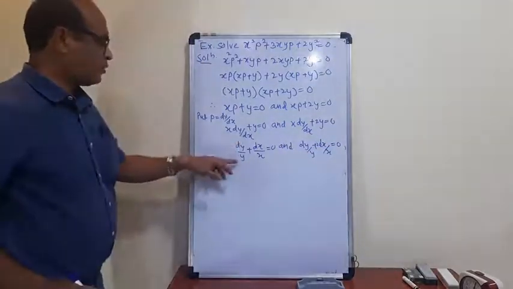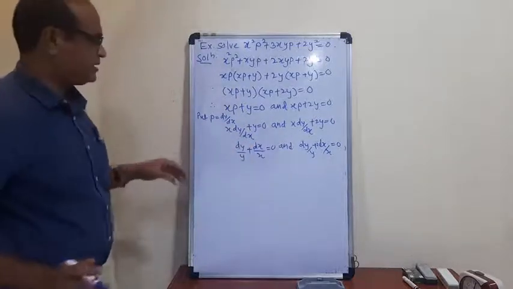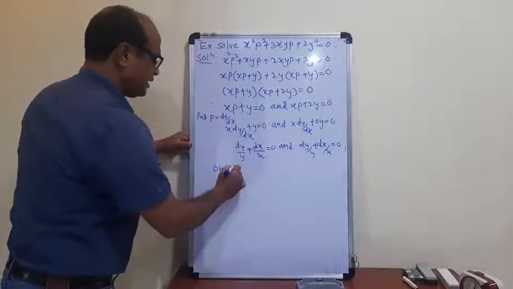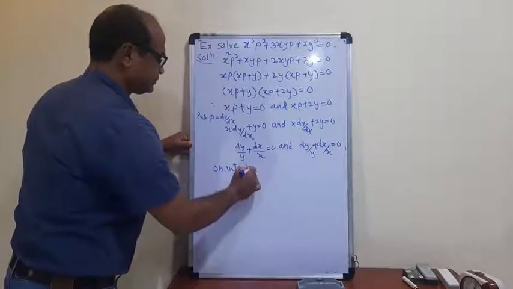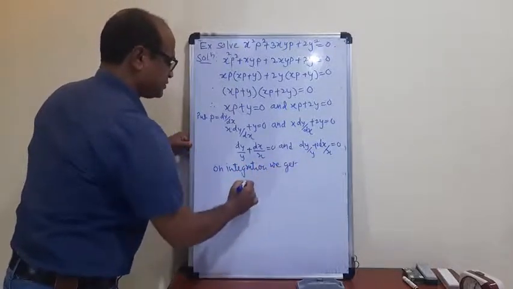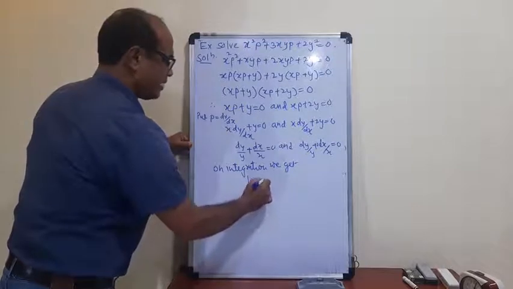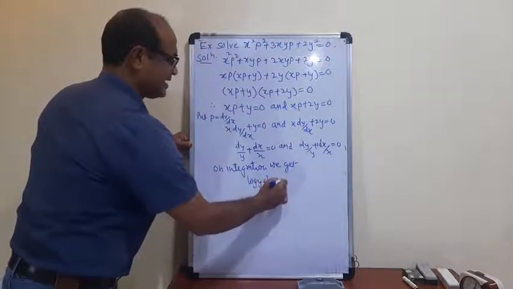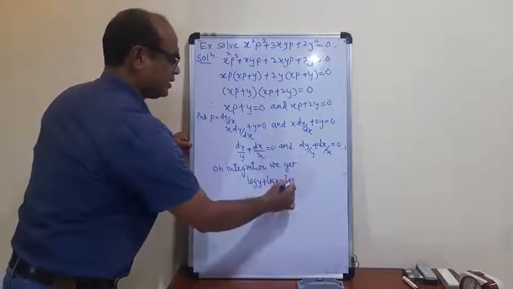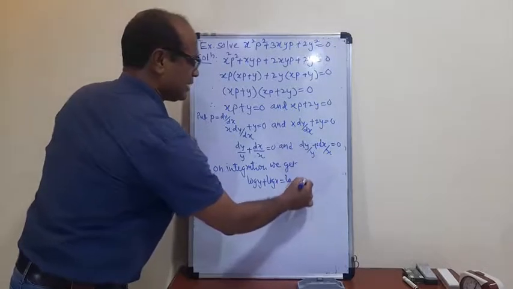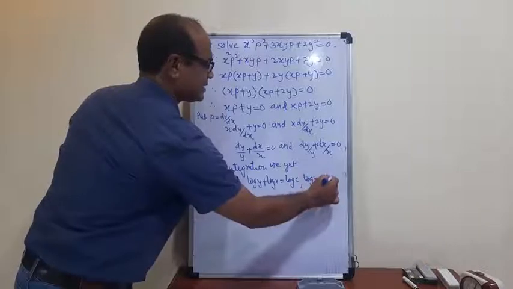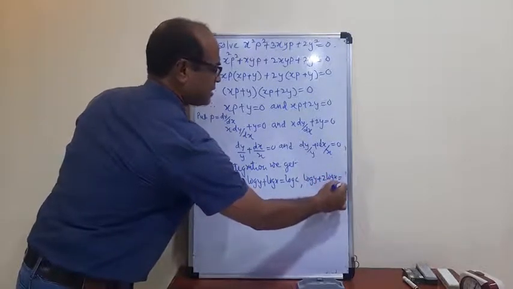The coefficient of dy should be y, the coefficient of dx should be x. So on integration we get log y plus log x, taking constant log c. Similarly log y plus 2 log x is equal to log c.